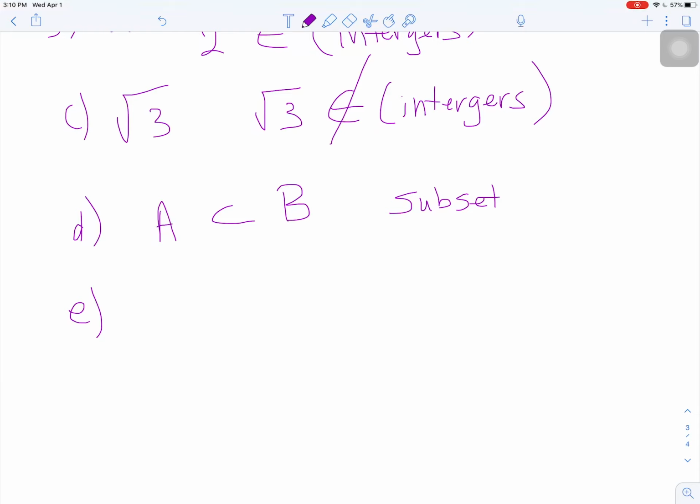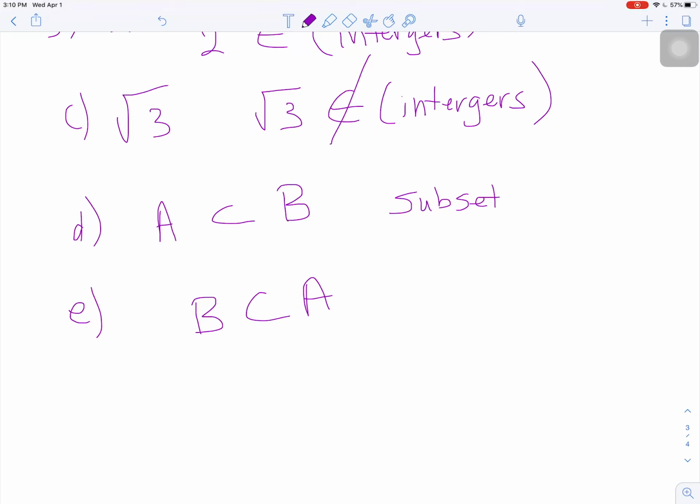So which one is the subset of which, right? Rational numbers would be a subset of real numbers. So B would be a subset of A. Hopefully that makes sense. This stuff is pretty tough.